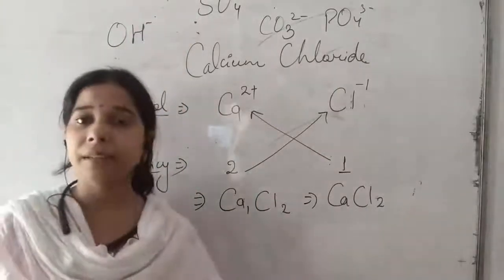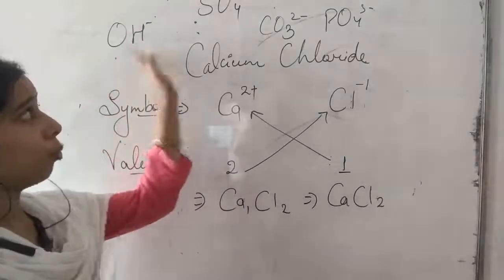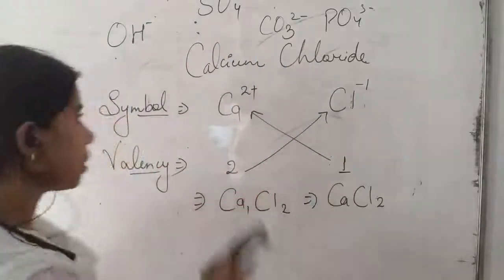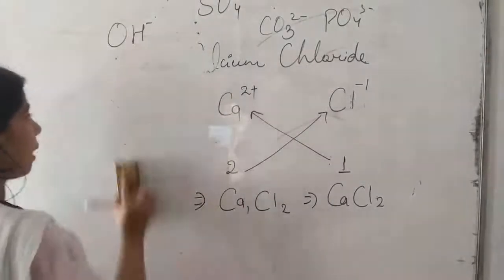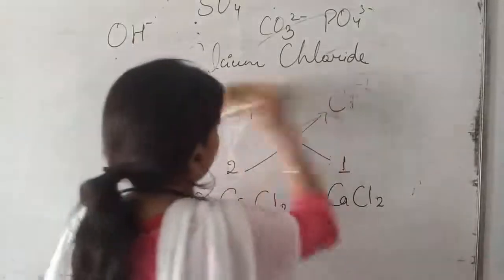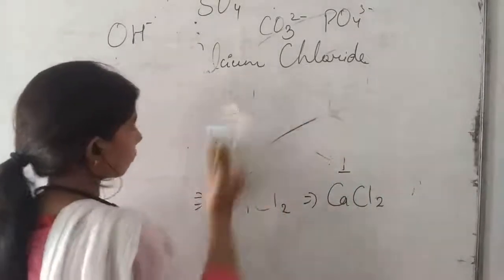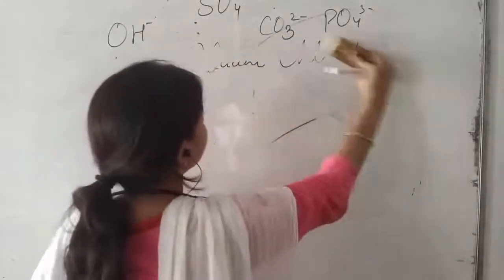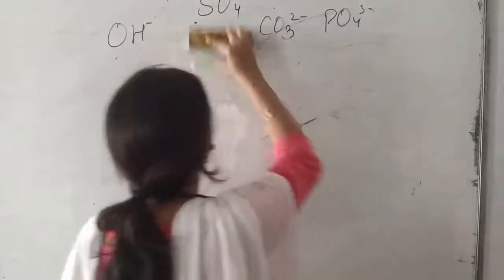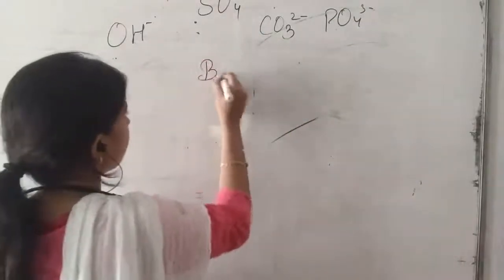So how can we make the formula with these polyatomic ions? It is very simple, students. Suppose we have to make the formula for barium sulfate.